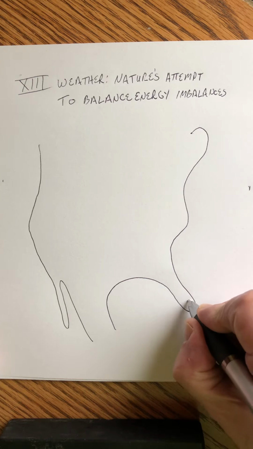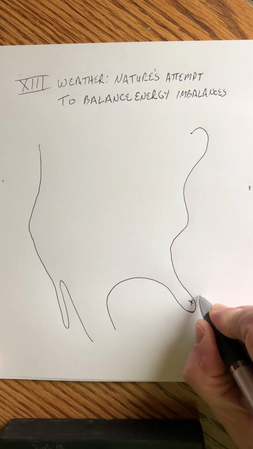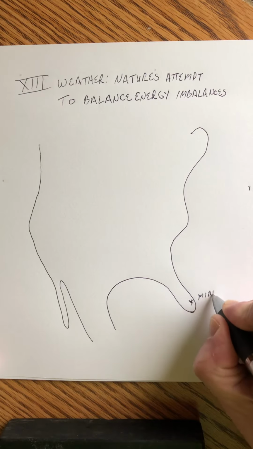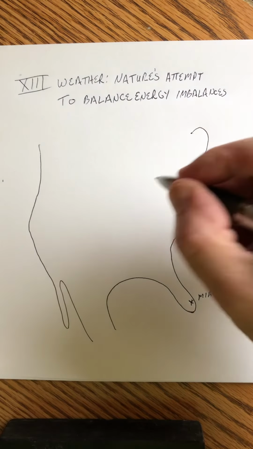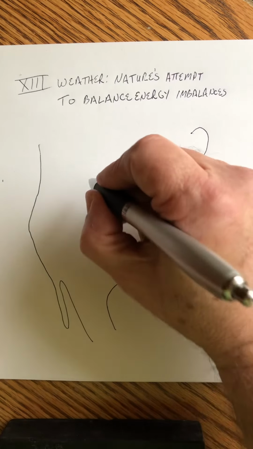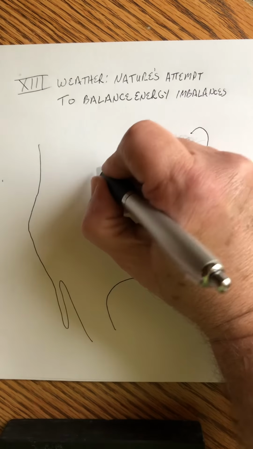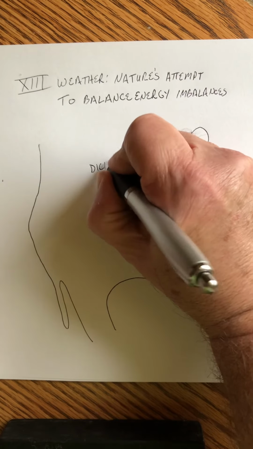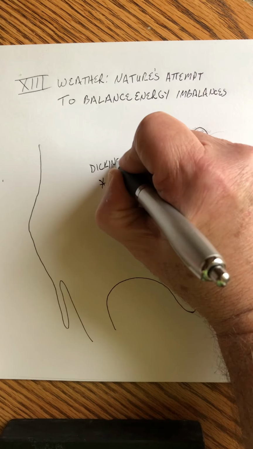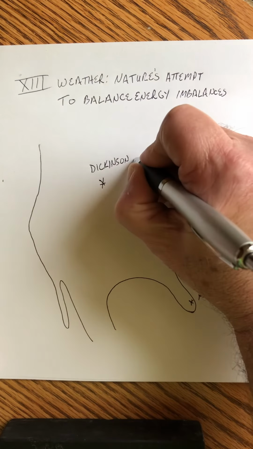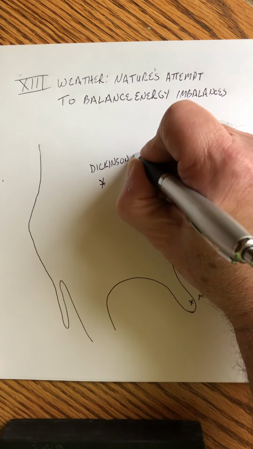We're going to look at Miami, Florida, and Dickinson, North Dakota. And we're going to look at these two locations at the extremes of the year, so in January and July.